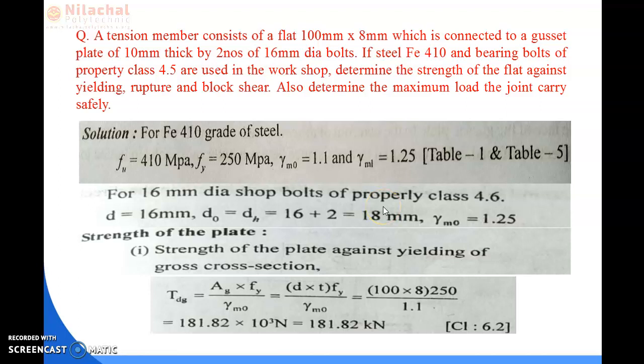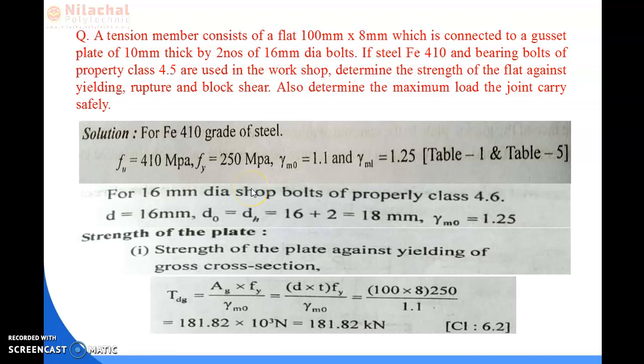For the solution part, we need partial safety factors, gamma m1 as 1.25 and gamma m0 as 1.1, which are in Table 5 of IS 800:2007. The first strength calculation is the strength of the plate against yielding of the tension member.